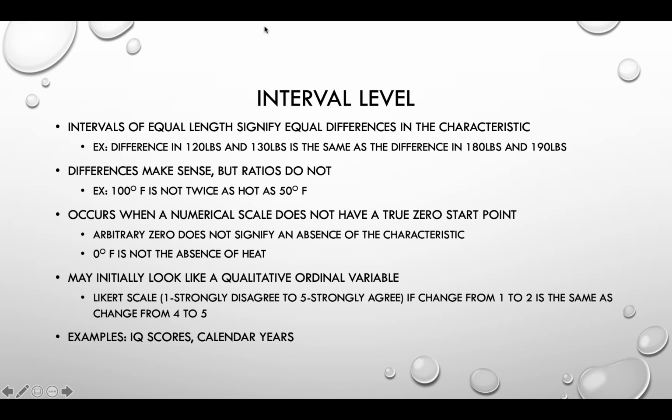So for me as a researcher, I tend to put Likert scales at this discrete interval level. Other examples include IQ scores. Why IQ? Because we don't have a 0 IQ. In fact, IQ scores only go down to 50. We don't know what a 0 IQ is. Calendar years, we don't have a 0.